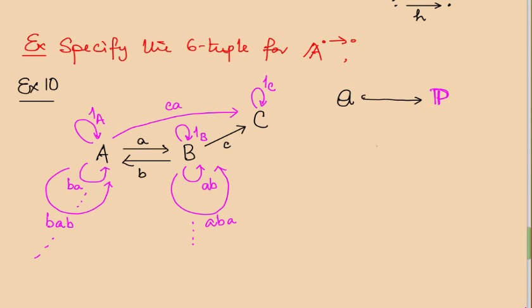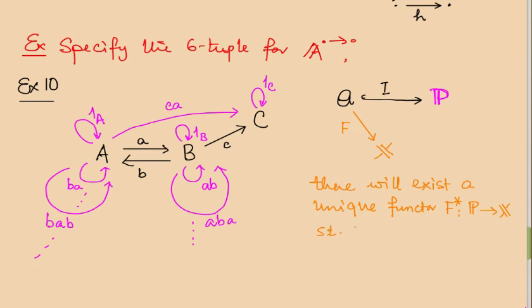But there is something nice. Furthermore, if I have any other category X and an oriented graph homomorphism f from the oriented graph A to that oriented graph of X, then I am saying that there will exist a unique functor, if I might call this f star, such that f star composed with the inclusion I is f.